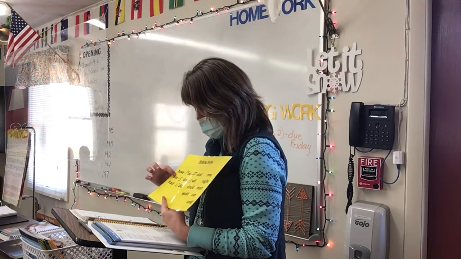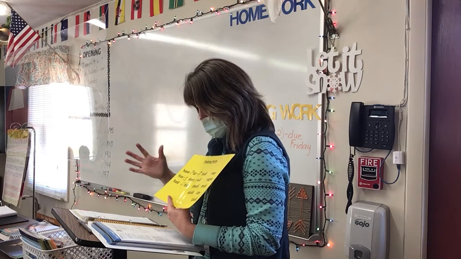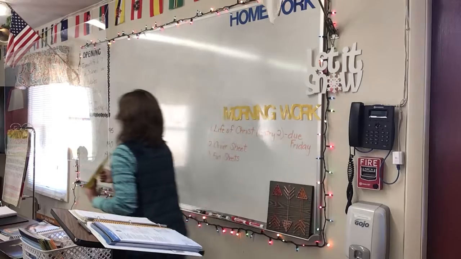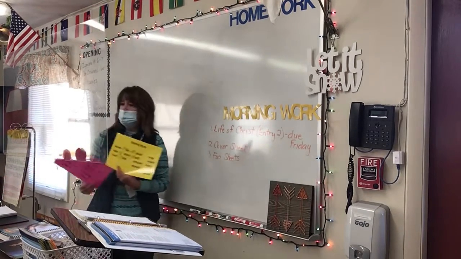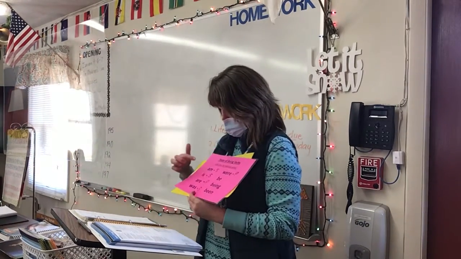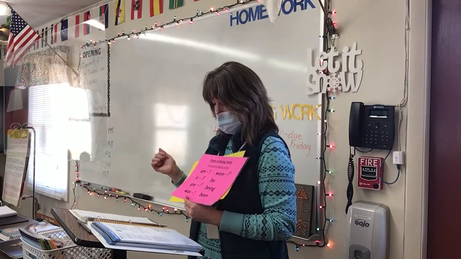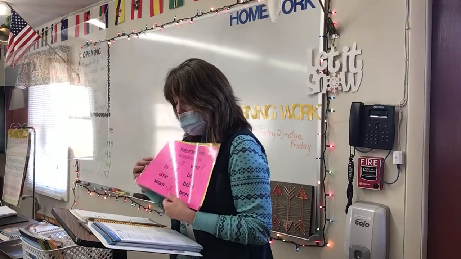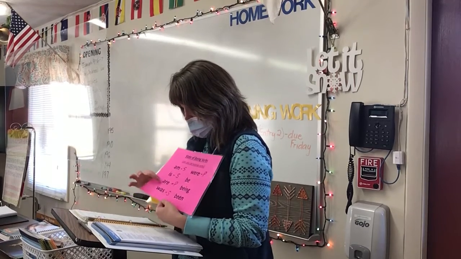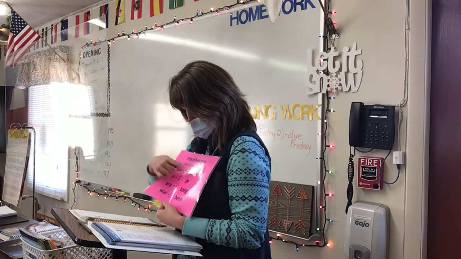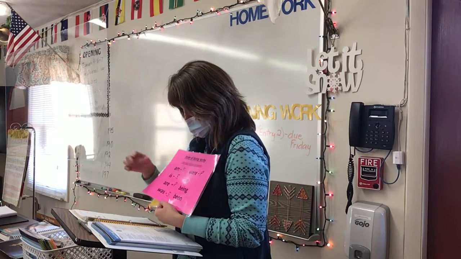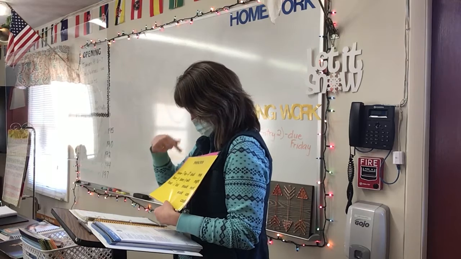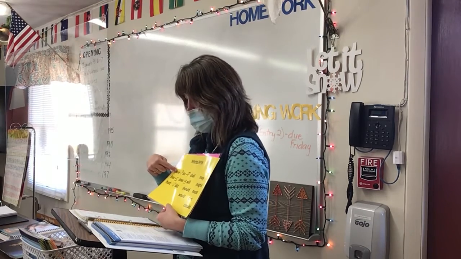So we have has, had, which could be either one, does, and then am, is, and was. Those are all singular. But then you need to use are, were, do, and have. Those are plural.